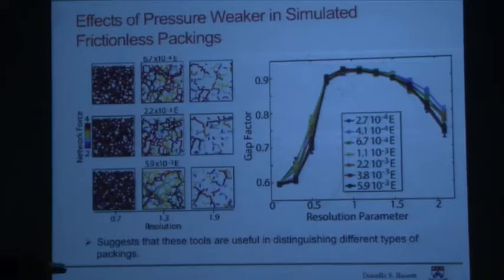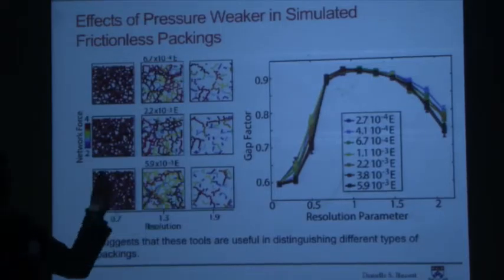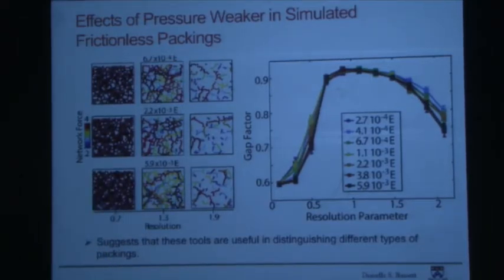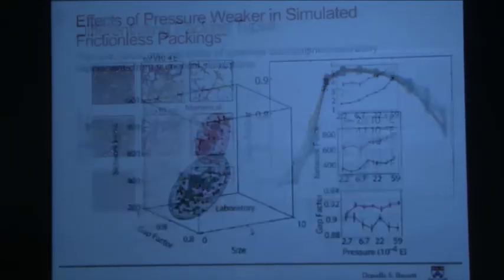But what's interesting about this is that we think the tool might be useful in distinguishing different types of packings. The curves that we get from the two different packings are very different from one another. So we wanted to follow up on that idea a little bit further.